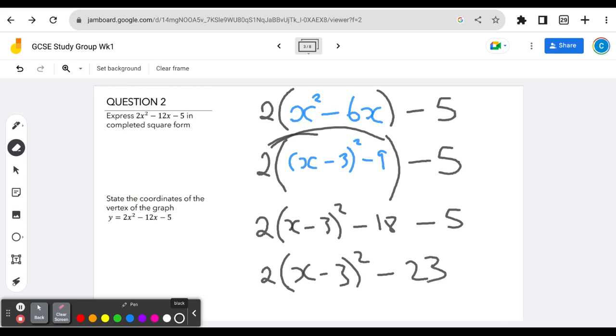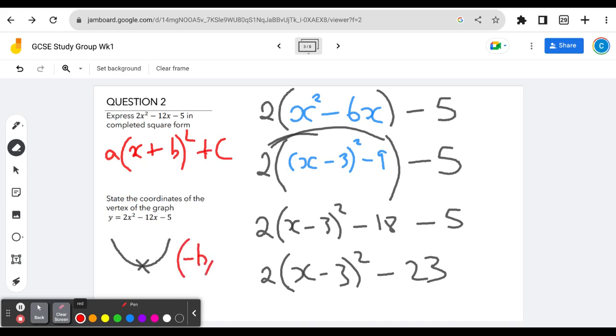And then it says state the coordinates of the vertex. Now the vertex is the turning point. And the note here for you is that when you complete the square, even if you have a coefficient of that bracket and you get a(x plus b) squared plus c, the vertex or turning point will always be the negative version of b and whatever you see there for c.